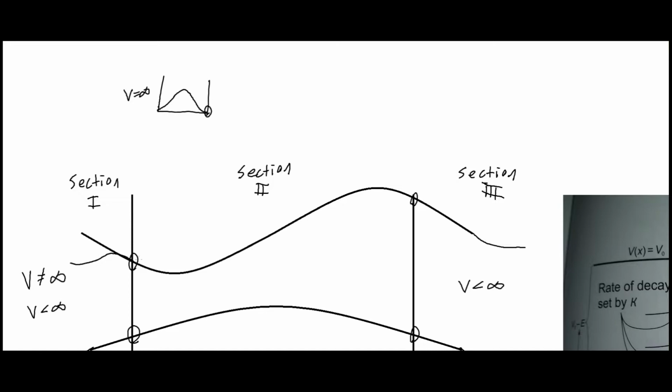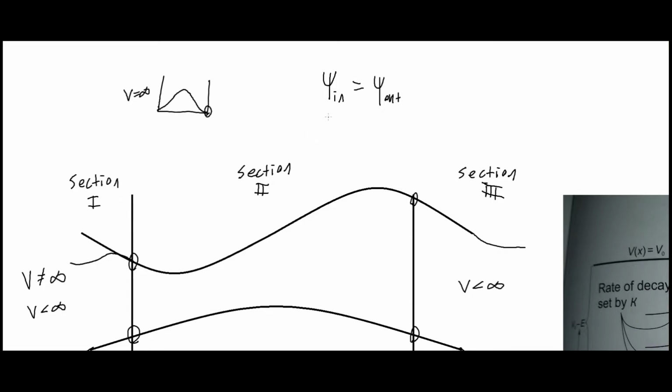So right here at the edge, what we need is for the wave function inside the well to be equal to the wave function on the outside right here at the boundaries.